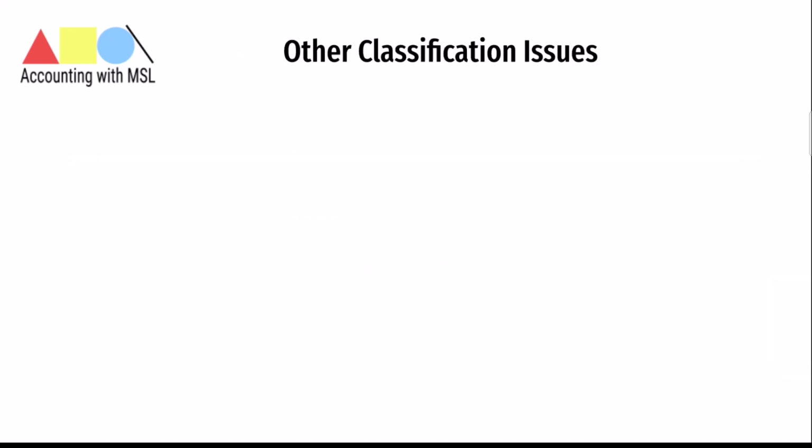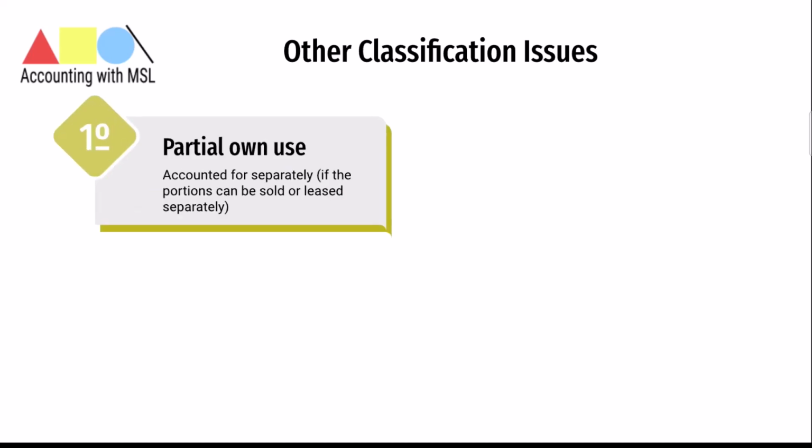So what are some other classification issues that are presented with this standard? I'll give you three. There are quite a number, but these are the three key ones you need to know. The first is partial own use. So here, if the owner of an investment property uses part of the property for their own use and part to earn rentals or for capital appreciation, and the portions can be sold or leased out separately, then they are required to be accounted for separately.